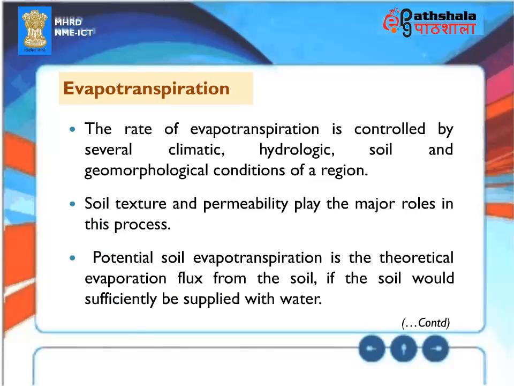The rate of evapotranspiration is controlled by several climatic, hydrologic, soil, and geomorphological conditions of a region. Soil texture and permeability play the major roles in this process. Potential soil evapotranspiration is the theoretical evaporation flux from the soil if the soil would sufficiently be supplied with water.